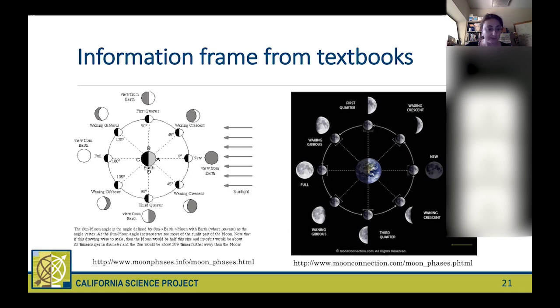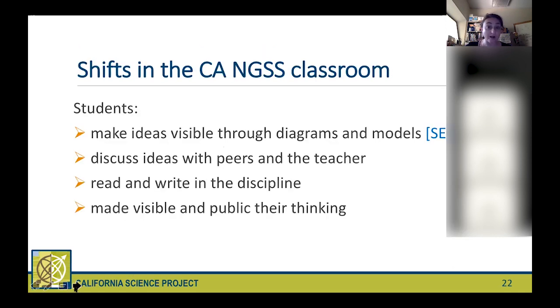So what I wanted to mention is that in this California NGSS classroom, the students are making their ideas visible. They are discussing their ideas with their peers and the teacher. And there is a lot of writing and reading that is discipline specific.